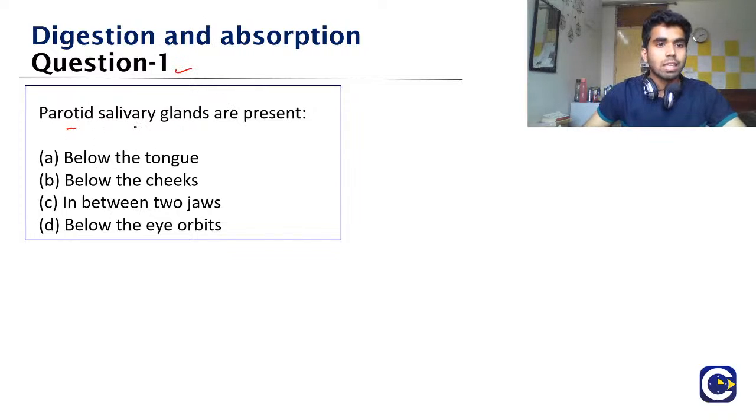So parotid salivary glands are present in option A, below the tongue, option B, below the cheeks, option C, in between two jaws, and option D, below the eye orbits. So what is the answer? Yes, what is the answer for this question?